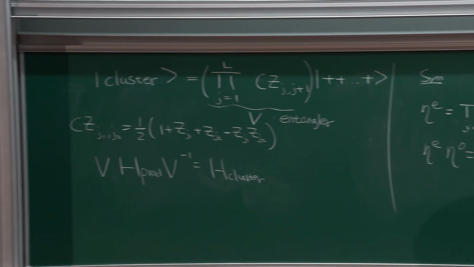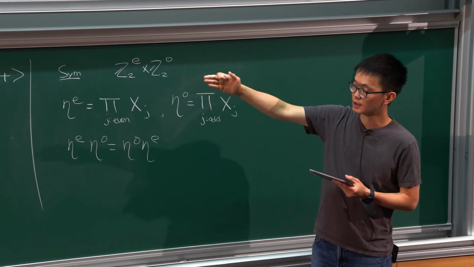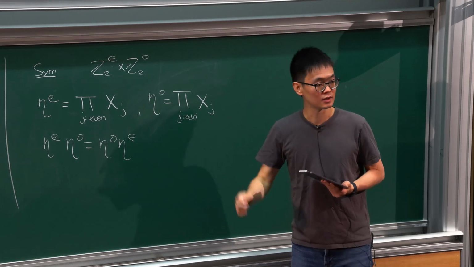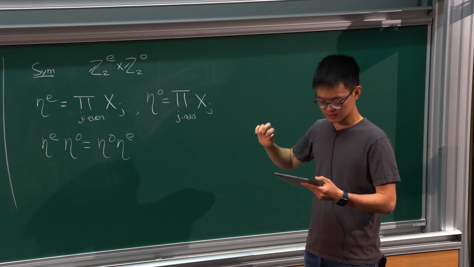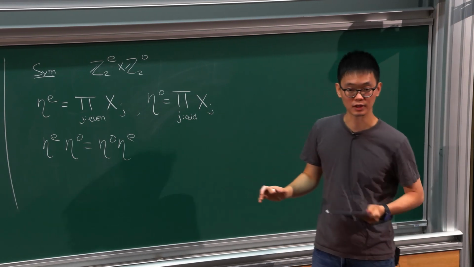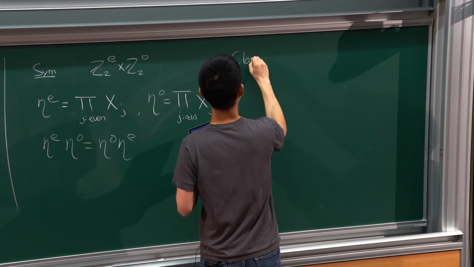The claim is that the moment you impose the Z2 even times Z2 odd symmetries, the product and the cluster should now be distinguished. There are two distinct topological phases protected by this Z2 cross Z2. And I'm running out of time, so I will probably talk about that next time. But let me just write a claim here.